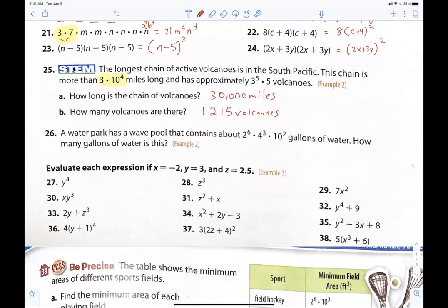All right, let's see if you can do that on your calculator. 409,600. And then we put gallons, right? Is everybody okay with 409,600 gallons? Everybody make sure you can do that.